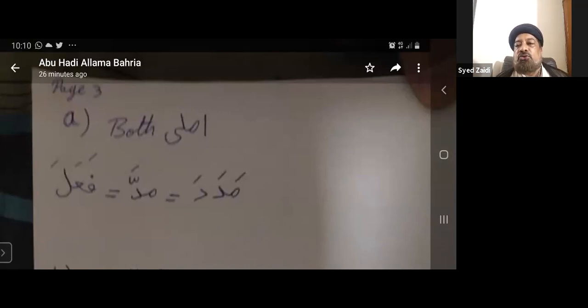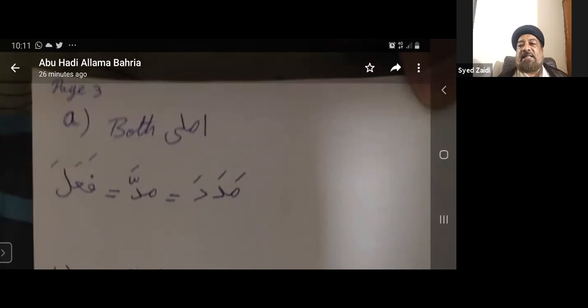Now the two dals have united and merged into each other to become a single letter, which is not actually a single letter. Once you see madda, there are two dals, right? But you write madda and you write a tashdid on top of it.